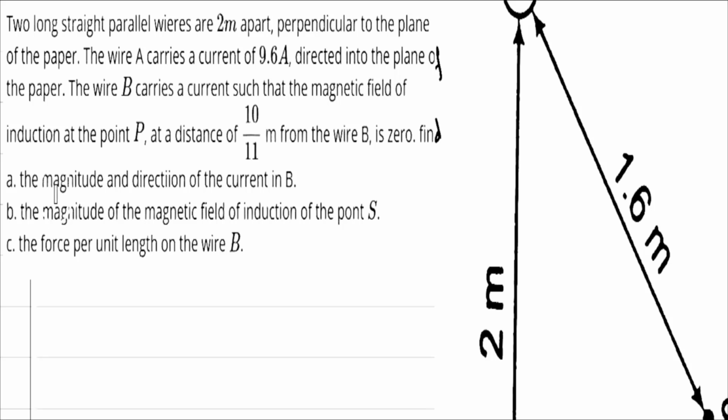Then find the magnitude and direction of the current in B. Also find the magnitude of the magnetic field at S, and the force per unit length on wire B.